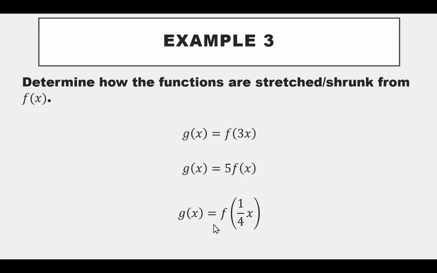And g of x is equal to f of 1/4 times x. So how are these functions stretched or shrunk from my original f of x? Now, before I actually do this, let me just visualize this on Desmos.